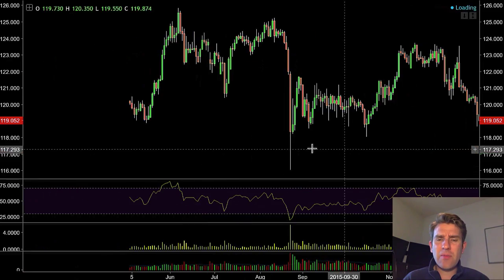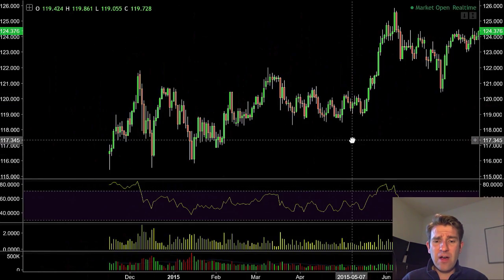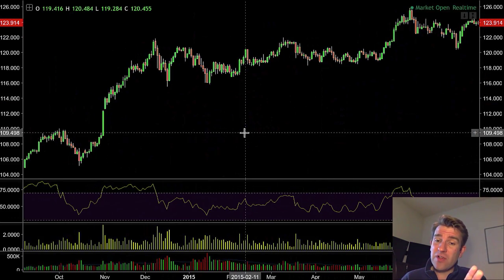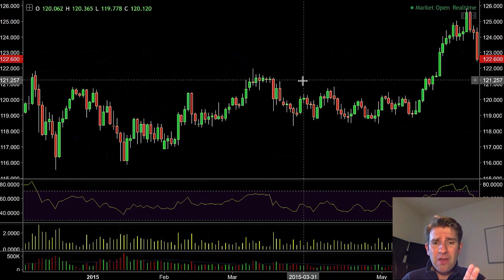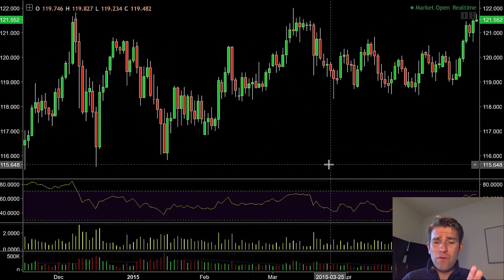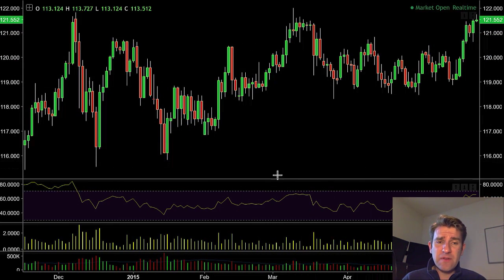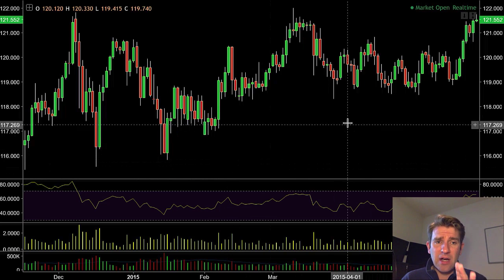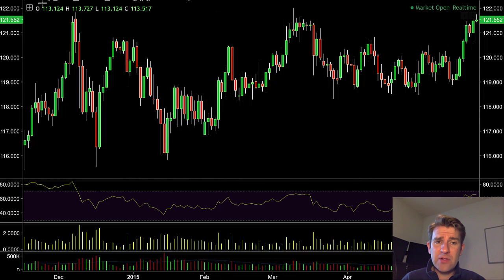Let's see if we can find another quick example. I'll scroll through, just doing it on the fly here. Now this is quite interesting. If you look at this range here, a very tight range over the early part of 2015, Christmas 2014. Again, US dollar yen we're in here, by the way. Very tight range. So the RSI never really gets momentum, and that actually makes sense when you look at the chart, because we didn't really get any momentum going.